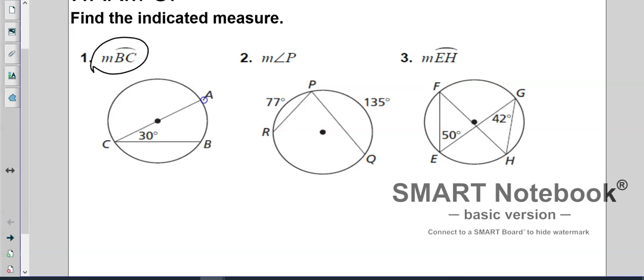When we have something like this, ACB, then the relationship is if this is 30, this is double, that's 60. Now AC is a diameter, so that makes this 180.